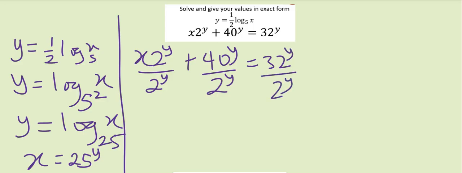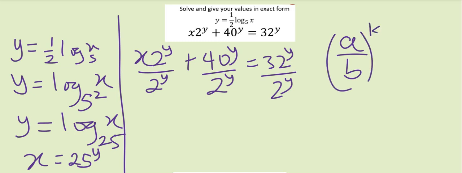Here I'm using another law of indices, that says if you have a over b, everything to the power of k, everything inside this bracket takes the power, which implies that a to the power of k over b to the power of k. One thing about a law, you can work from the left to the right and also from the right to the left.